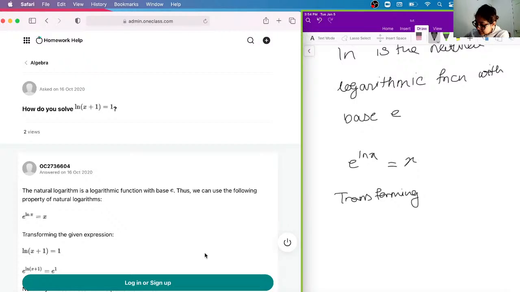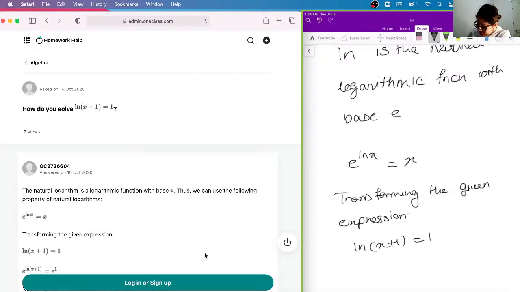So you're transforming the given expression. I'll just write ln of x plus 1 is equal to 1.